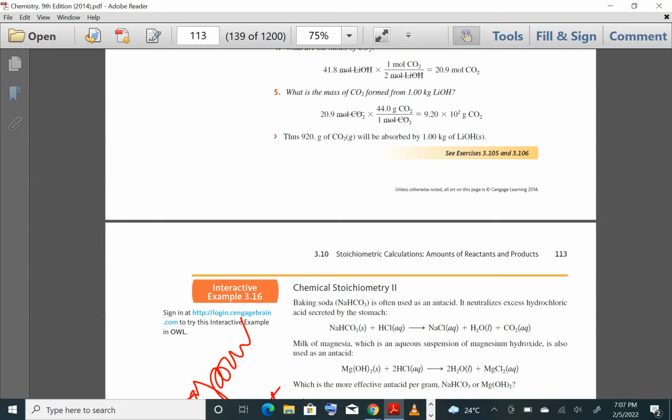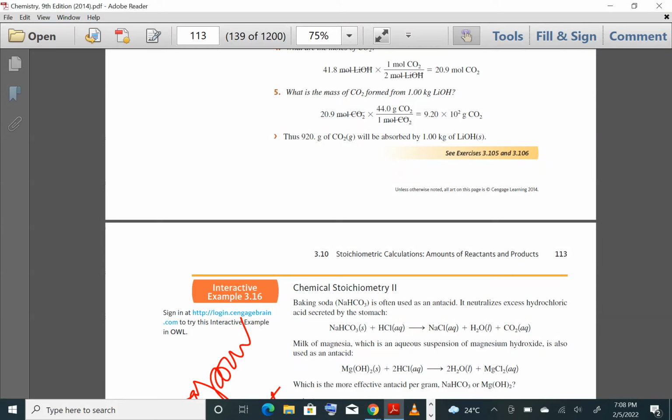So the fact that we are comparing these particular antacids per gram means that in our calculations, we are going to be working with a gram, okay? Then basically what we're trying to do in this question is looking at each equation and finding the number of moles for sodium hydroxide that exist in 1 mole, and then relating to the number of moles with which this particular sodium hydroxide reacts with the number of moles of what?